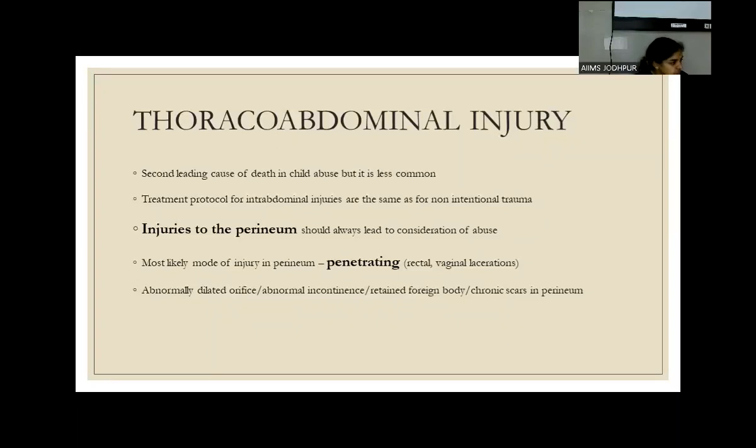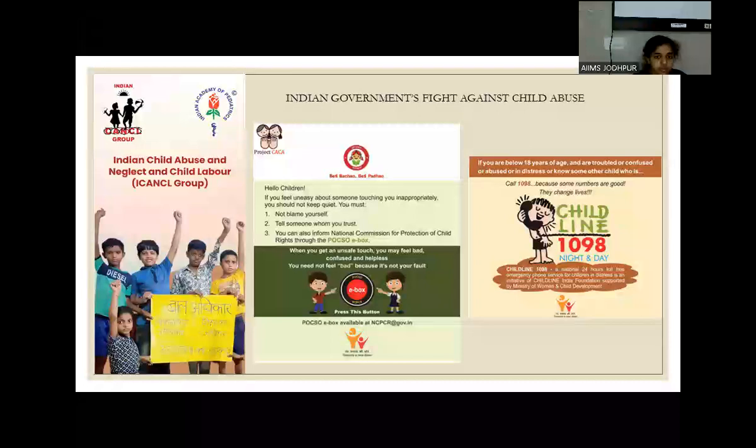The most likely mode of injury seen in patients of child abuse will be penetrating, either lacerations to the rectum or the vagina. Any child with an abnormally dilated orifice, abnormal incontinence which is not consistent with the history given, any retained foreign body noted, or any chronic scars in the perineal region should always raise a suspicion of potential child abuse.